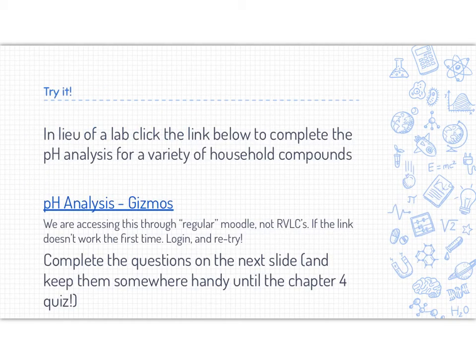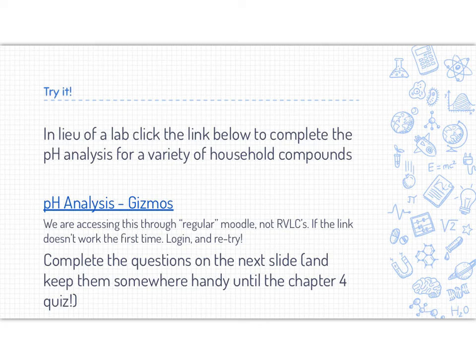To try it in lieu of a lab, because we cannot do them, click the link below to complete the pH analysis for a variety of household compounds. I've put a link directly below this video in our Google site, if that's where you're accessing this, to log in. Just a note, we're accessing this through our regular Moodle, not the Moodle you may have been using for other courses that we started with in this class.